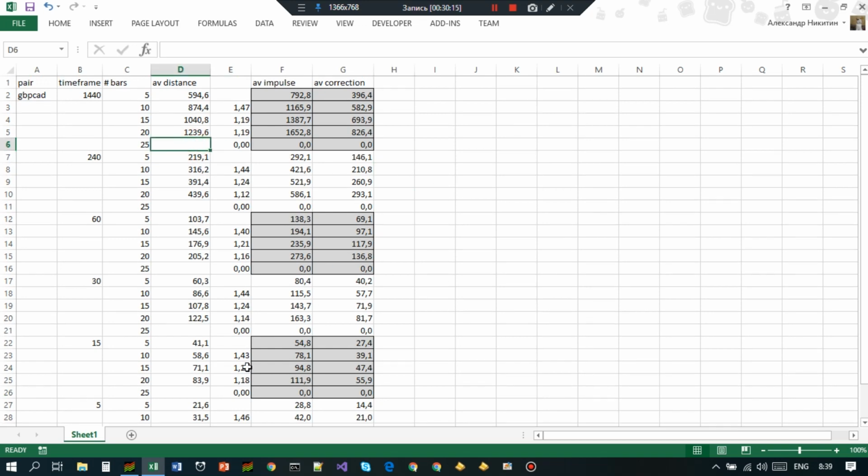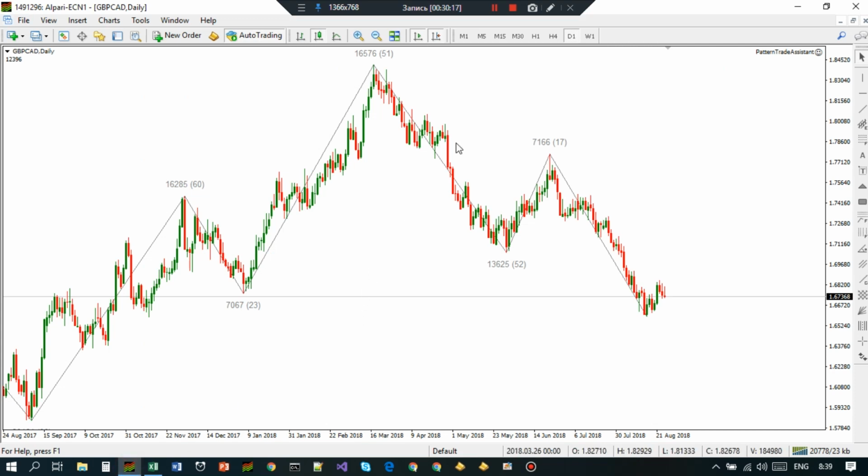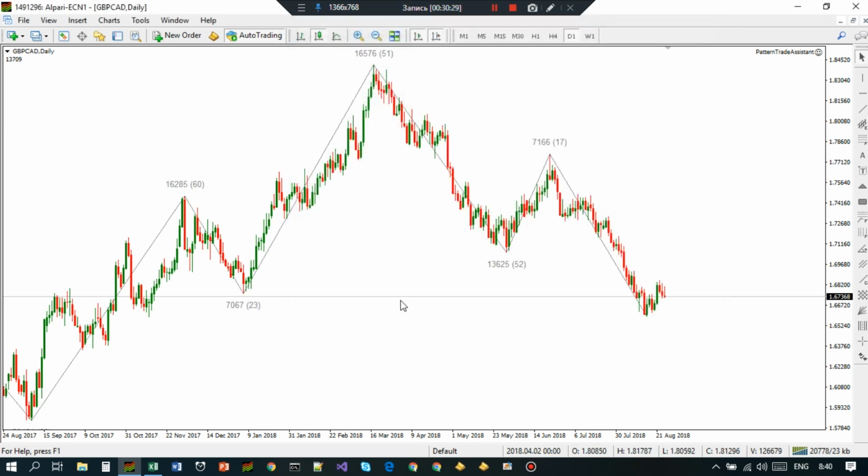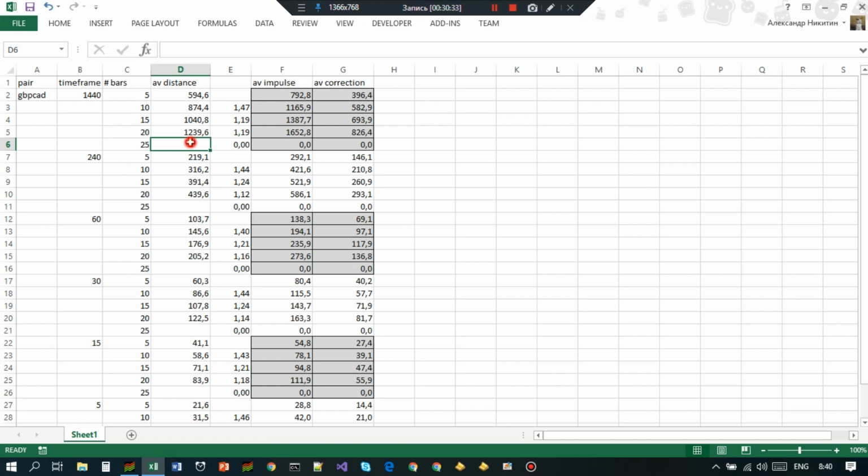Nice. Let's go back to our market research, and we start from daily, and this time the algorithm will be the 25, and it should produce the smallest difference between all the algorithms. So it is 1370.9, and it is 1.11.